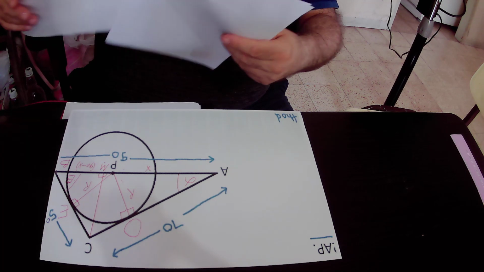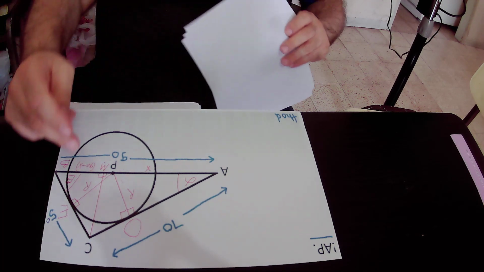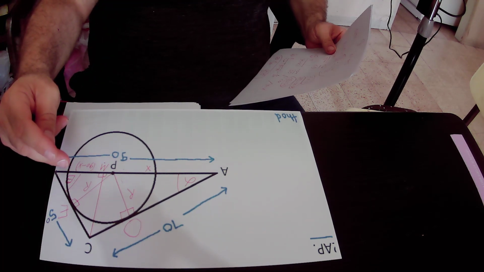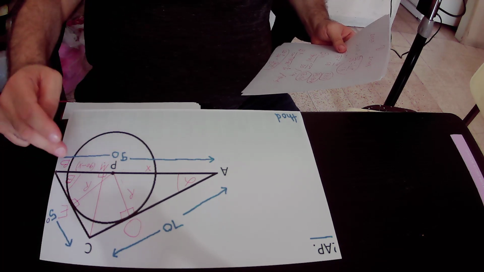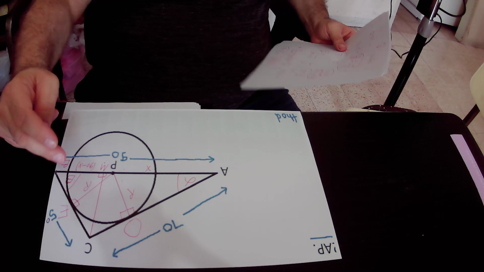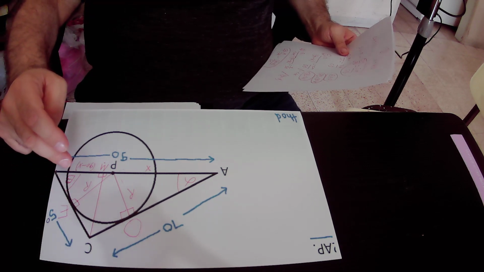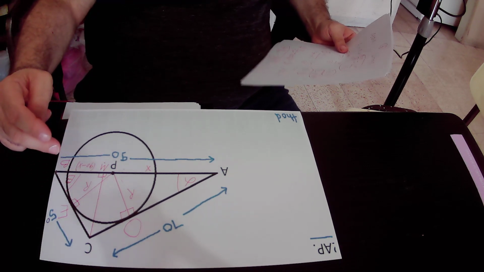Then we focused on angle beta and sine beta. We focused on the right triangle EPB and also on the right triangle CMB.